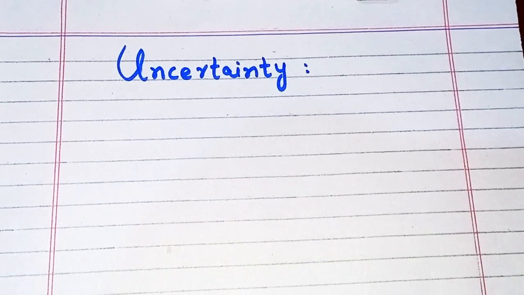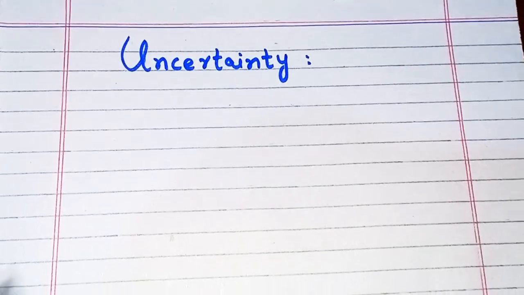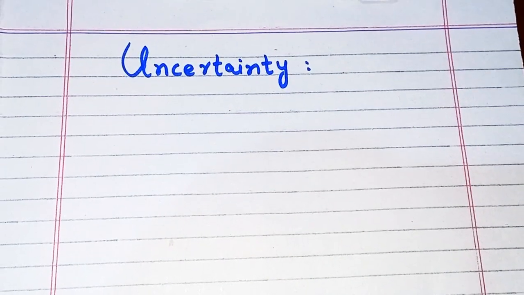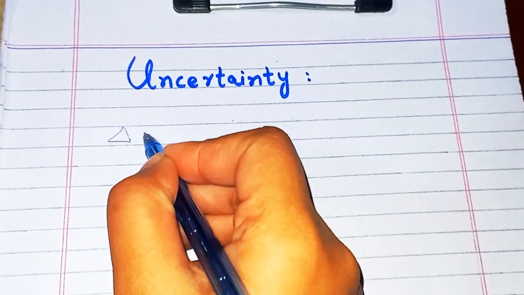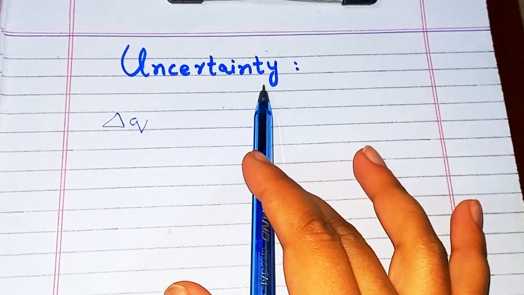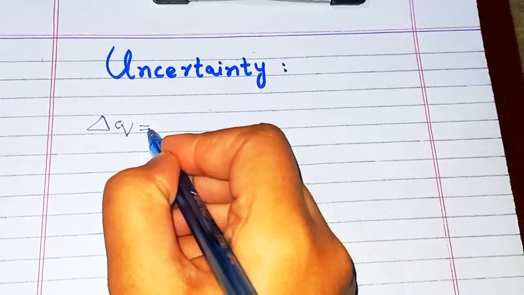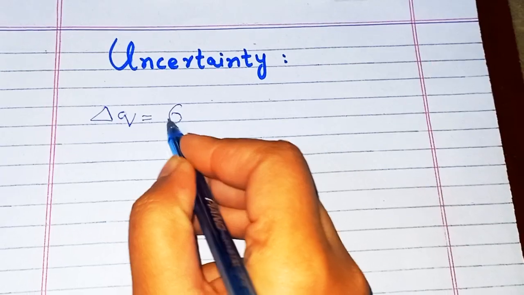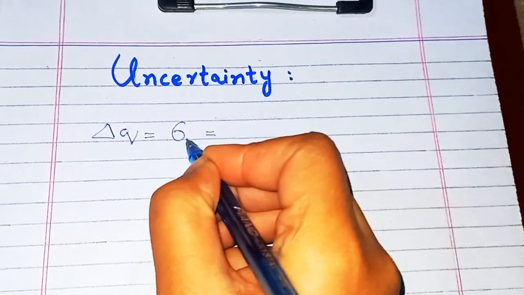Let's see the formula to calculate uncertainty associated with any observable, let's say q, or we can say operator as well. I'm using delta q as a symbol to represent the uncertainty associated with the q variable, and we can also represent it with the sigma sign. It depends on which notation you prefer.